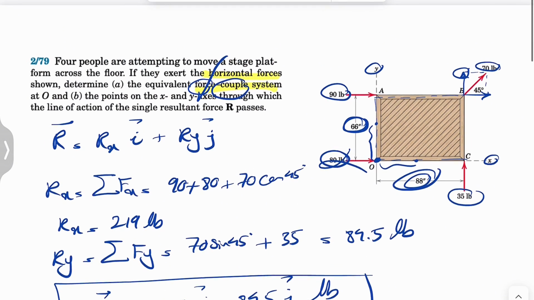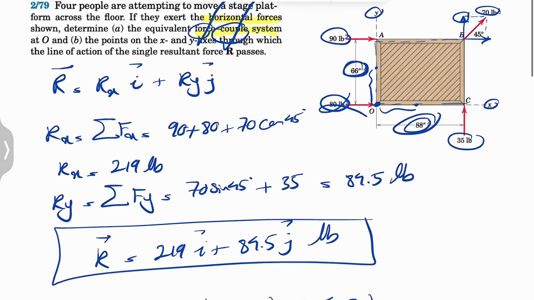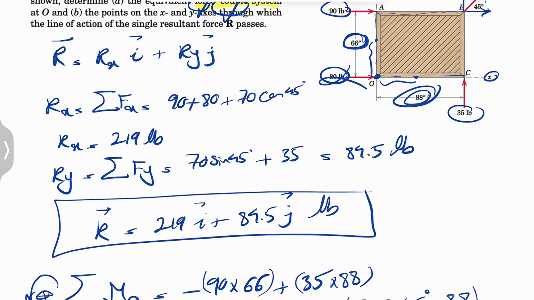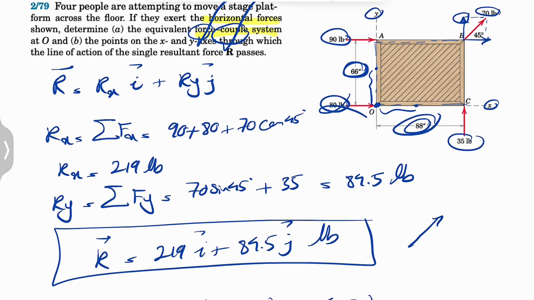So we found the force couple system about point O, and as we can see, our R is going to be in this direction. So basically we have to find the R where the line of action either crosses the Y or X, so we can replace it either here or here. And we are asked to find these distances.